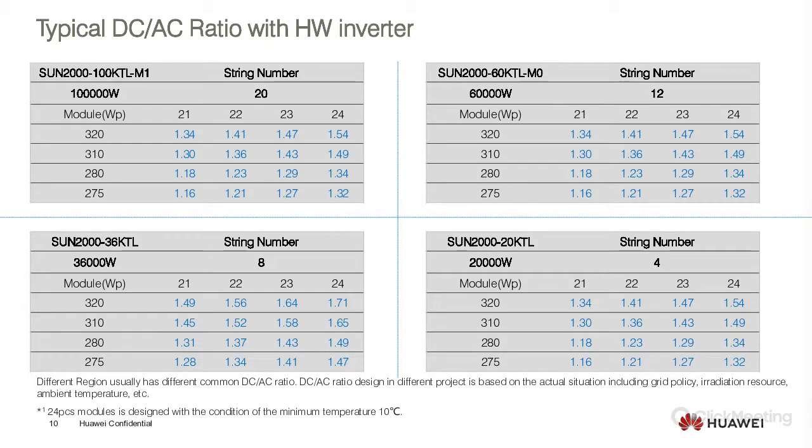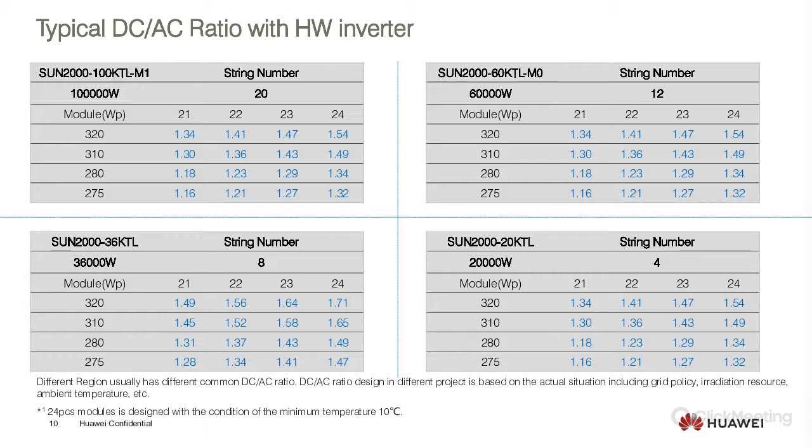So with Huawei inverters, you can see here that there are multiple different types of inverters and different oversizing ratios. So let's just pick one, for example. One of the most popular inverters in the Southern Africa region currently is the Sun 2060 KTL M0. And that particular inverter has 12 DC inputs.